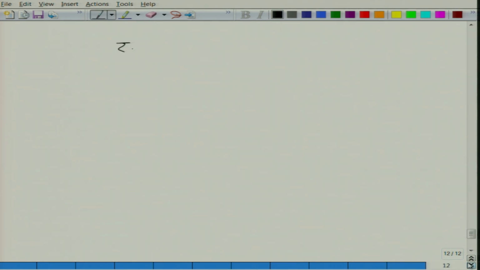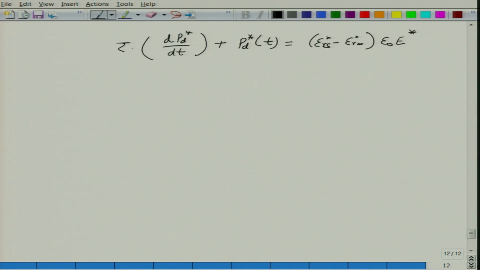My apologies for this correction. So, this is tau into d of Pd star by dt plus Pd star of t, this will be equal to epsilon r s star minus epsilon r infinity star into epsilon naught E star, right, because this was equal to Ps star, right. So, this is the term that we get for Ps.